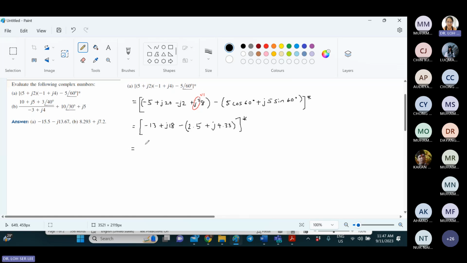So when you simplify, -13 minus 2.5. These two, 18 minus 4.33. So this is conjugate. Conjugate means we just change the sign of the imaginary part. Okay, then we get this.